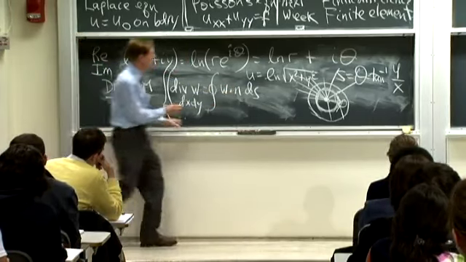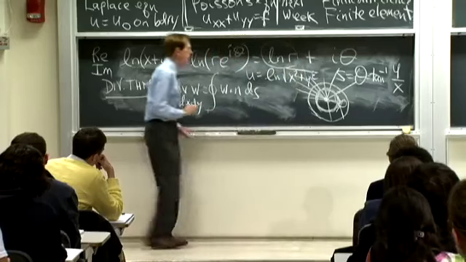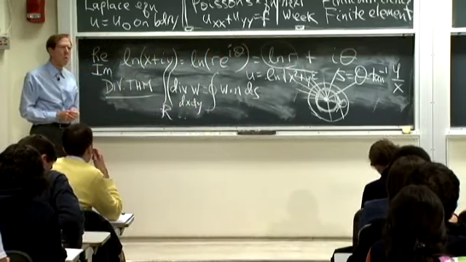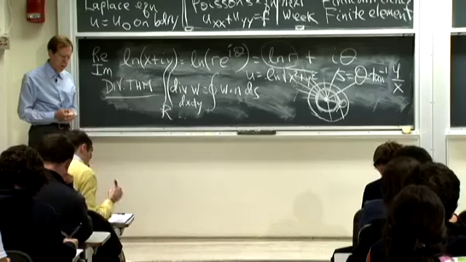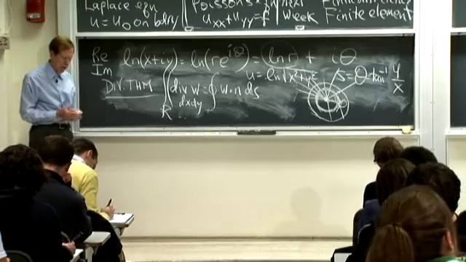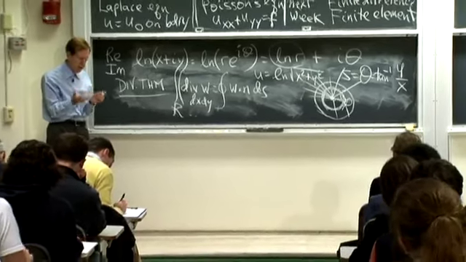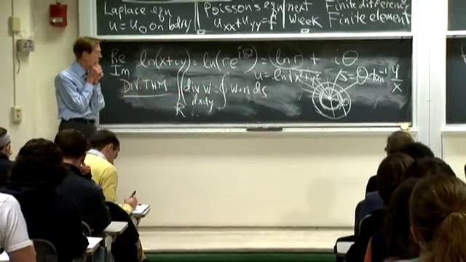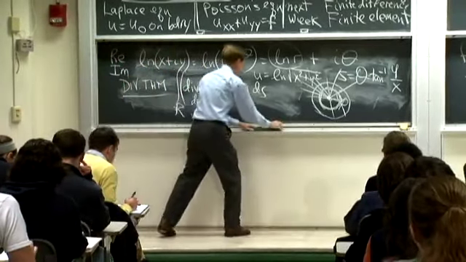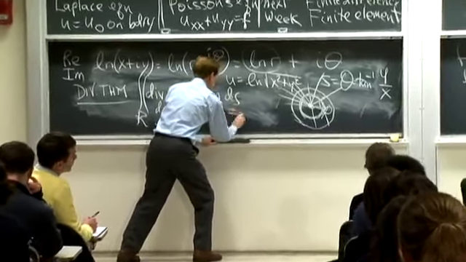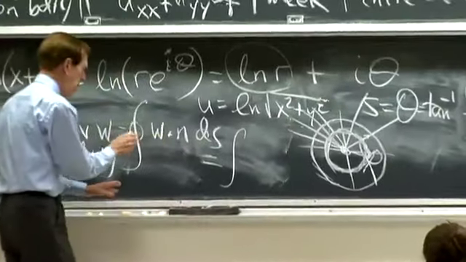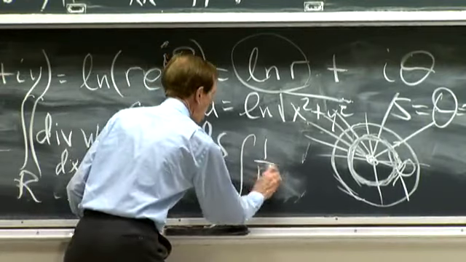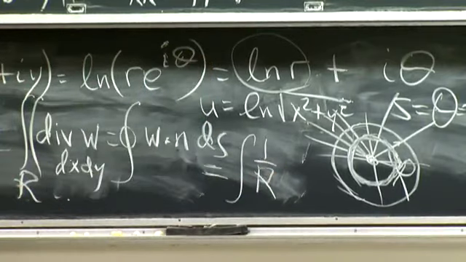Okay. Here's my u, log r. So what's the gradient of log r? It points outwards. And how large is the derivative? So the derivative of this log r is 1 over r. I think that this comes down to the integral around the circle, and this thing is 1 over r, right?